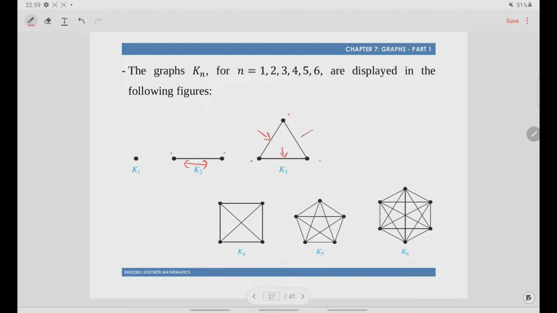For K4, we have 4 vertices, 1, 2, 3, and 4, and each 2 different vertices are connected by a single edge. That's why we call it a complete graph. We also have K5 for n equal to 5, and K6 for n equal to 6.